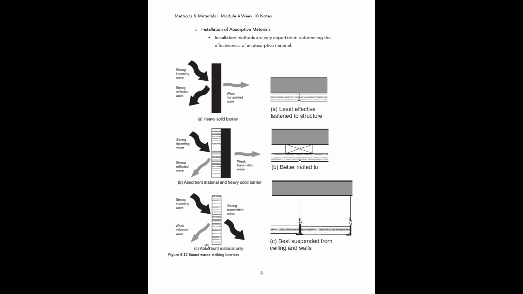Now, I'm going to go down here to see when we have a strong sound wave coming in and impacting something that's absorbent, the sound wave is going to maintain its strength pretty much all the way through that material.